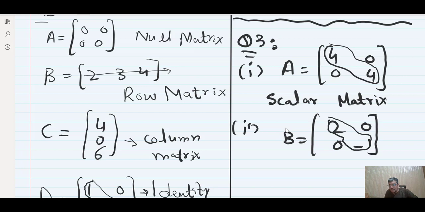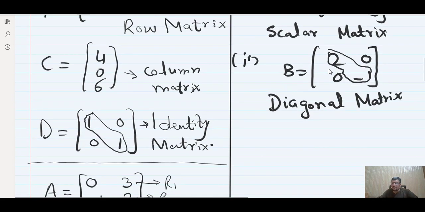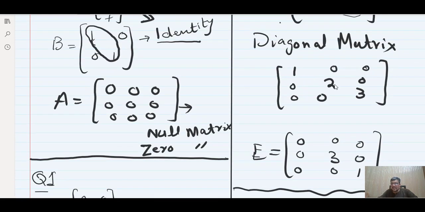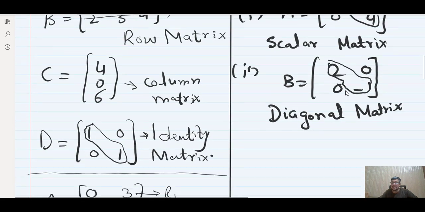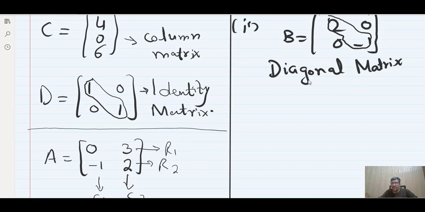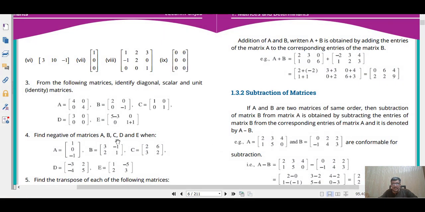They are non-zero but not equal to 1, and they are not the same, and we name this a diagonal matrix. As you can see here, we have discussed two examples of the diagonal matrix as well. So I hope you are clear till this part of question number 3.